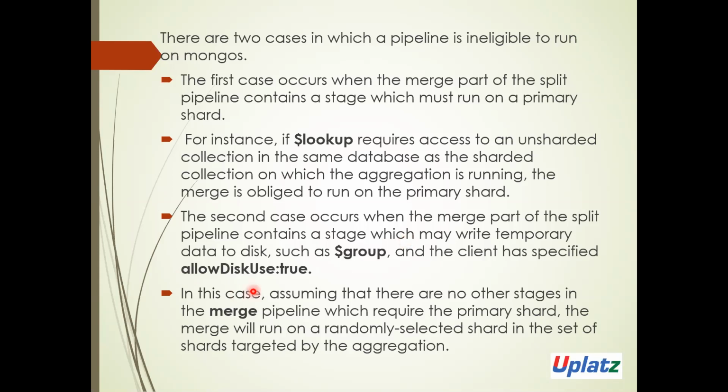In that case, we are assuming there are no other stages in the merge pipeline which require the primary shard. So this merge will run on a randomly selected shard, which is not targeted by the aggregation.